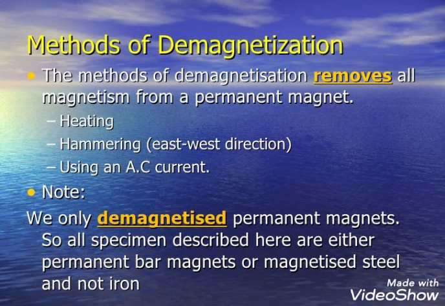When we talk about horseshoe magnets, a single piece of soft iron is kept touching both the poles of the magnet.